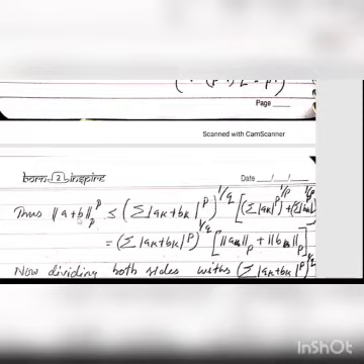So this quantity is nothing but (sigma mod AK plus BK raised to P) whole thing raised to 1 by P. So this quantity reduces to (sigma mod AK plus BK raised to P) whole thing raised to 1 minus 1 by Q.